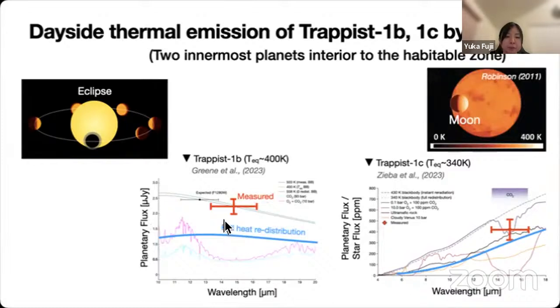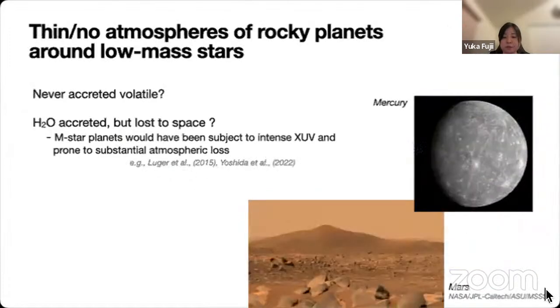And because this overlaps with CO2 absorption features, this also indicates the absence of CO2. And so this does not have a very thick atmosphere. And perhaps the planet never accreted volatile species, which is also likely because the orbit is very close to the star.